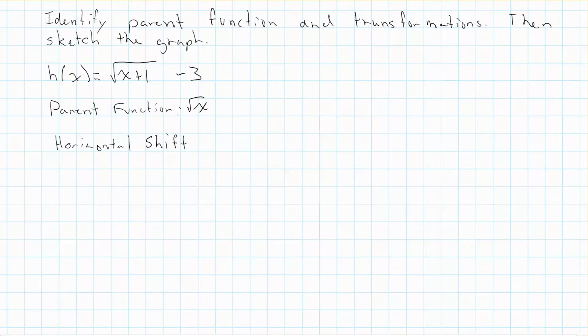Now I'm adding 1, so with the horizontal shifts, remember that's a horizontal shift left by 1 unit. And then I've got a minus 3 outside of the parent function, or being done after the parent function, which means it's a vertical shift. And since it's minus 3, this would be down by 3 units.